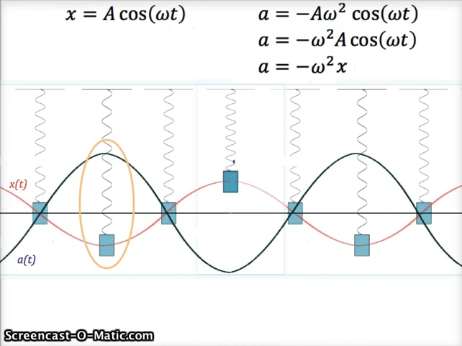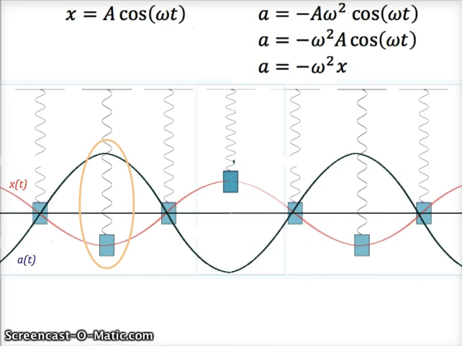Now, there is one more connection that we'll see here, and that is to go through and do a little algebra with these two things. So I have here side by side the two functions x and a, and here I've just rearranged the acceleration function so that you can see how this capital A cosine omega t is actually embedded within the acceleration function.